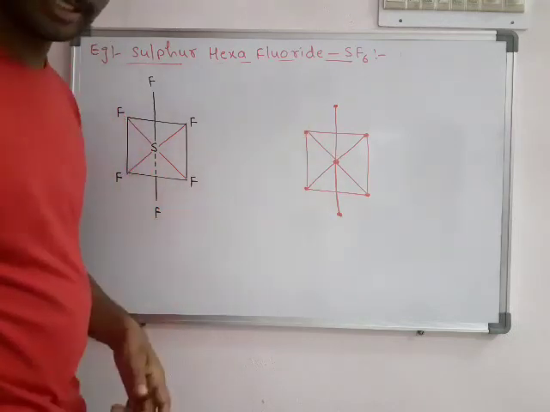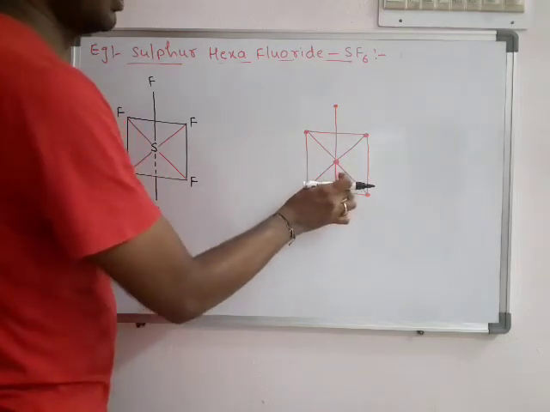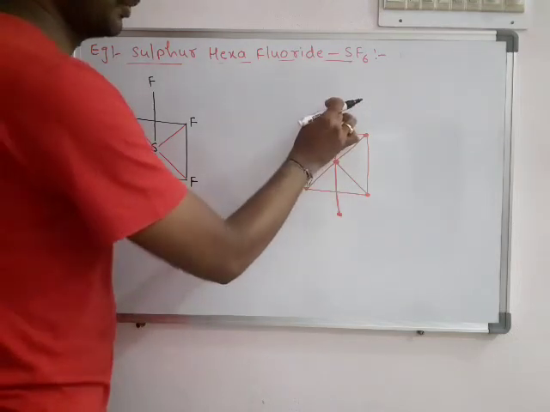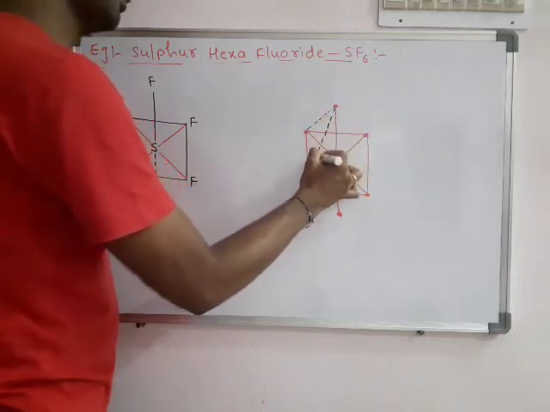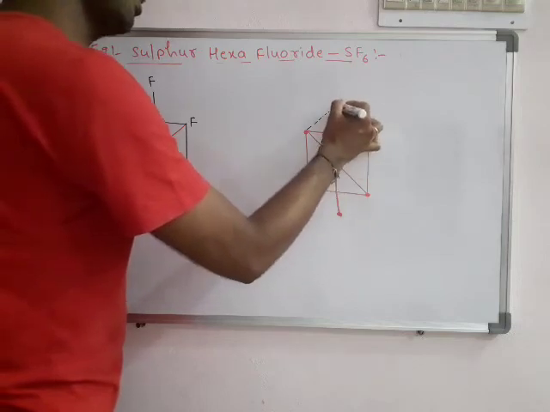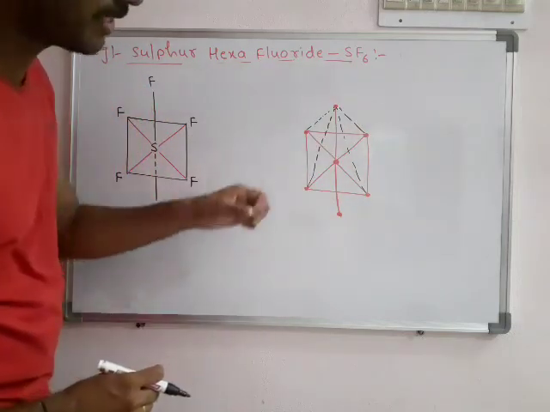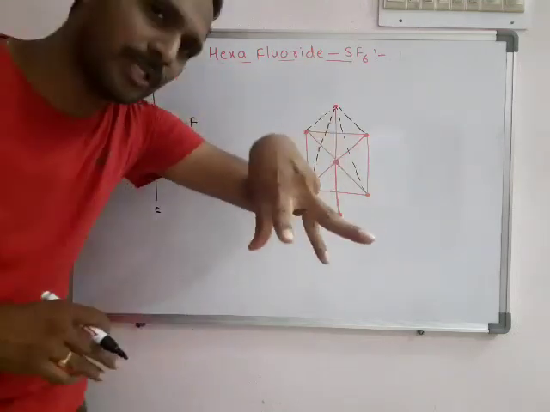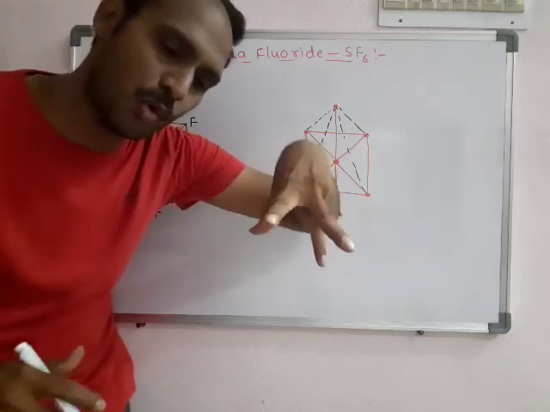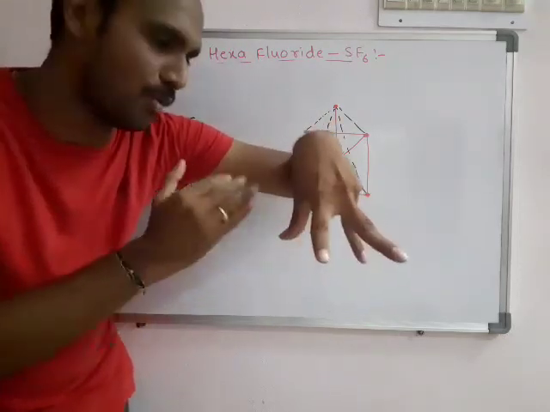So just think that these 4 corners are connecting to the upper point. Now it becomes like a pyramid. A pyramid has 4 surfaces: 1, 2, 3, and one is on the back side.